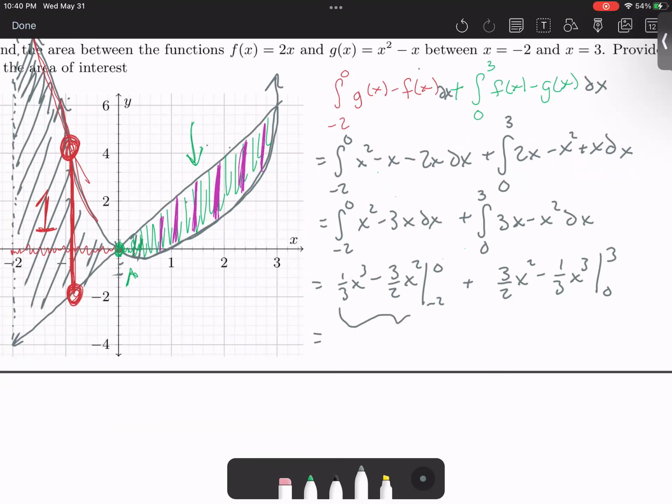Oh, oops. That's supposed to be squared, isn't it? Okay, let's work on this guy first. If you plug 0 there for your x's, you just get 0. If you plug in -2, what are we going to get? As a decimal, you get -8.667.